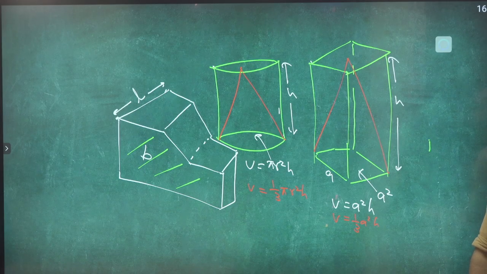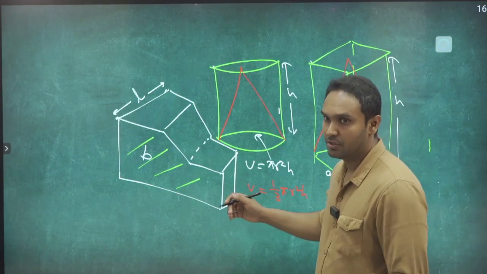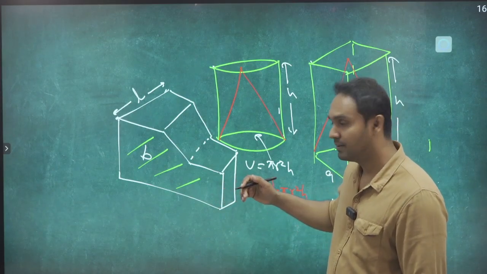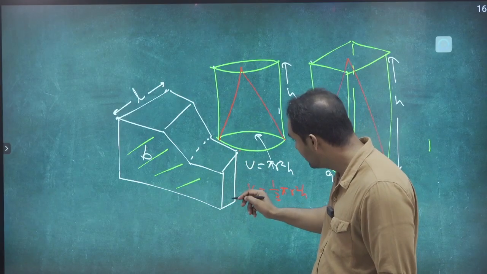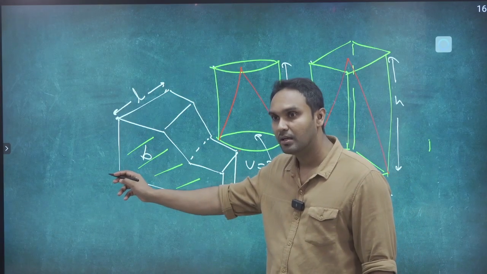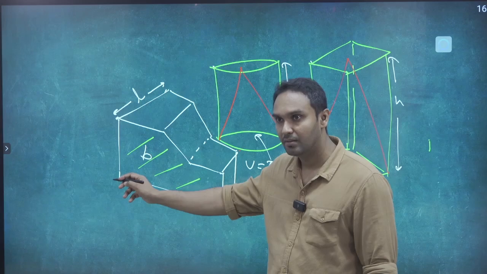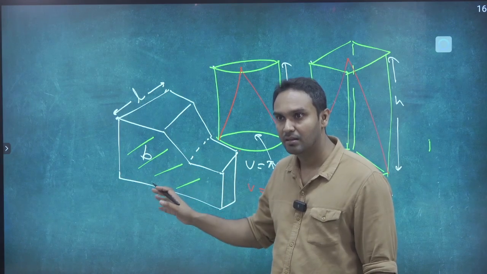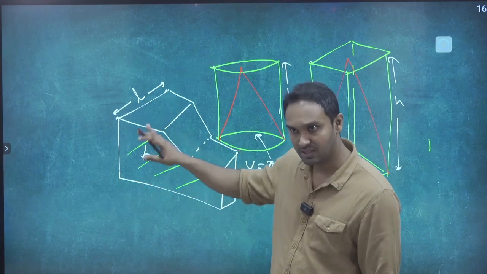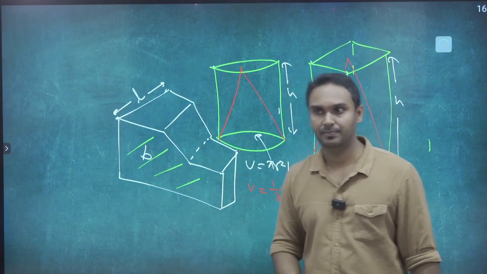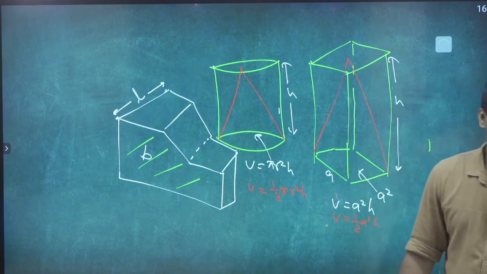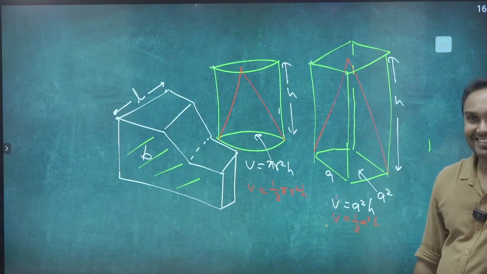So listen, guys, look at this board. If I take this cross-sectional area, this part, and this length, and multiply them, will it give the volume of this one? No. So it has to be the cross-sectional area and the symmetrical length.